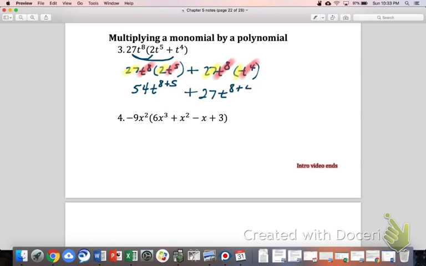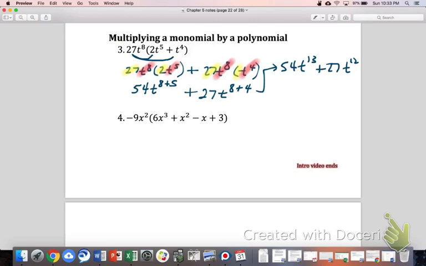So t to the 8 plus 4. So my final simplification here would be 54 t to the 13th plus 27 t to the 12 for my final evaluation there.